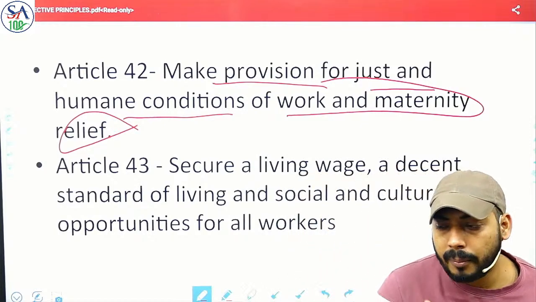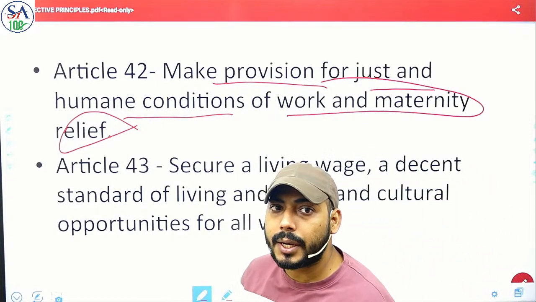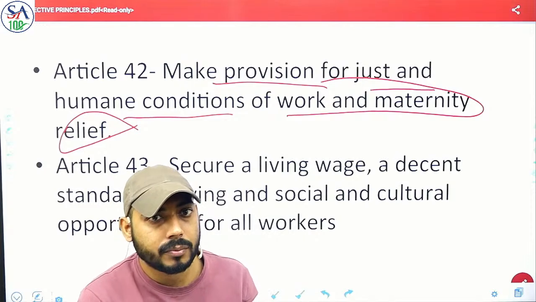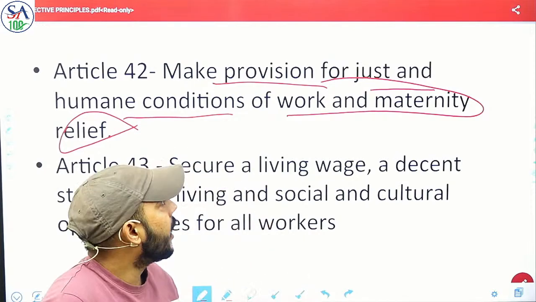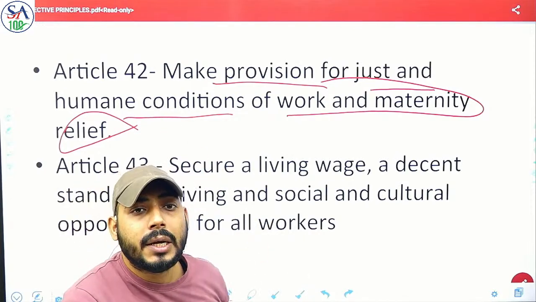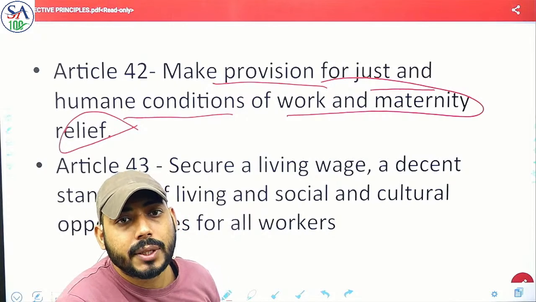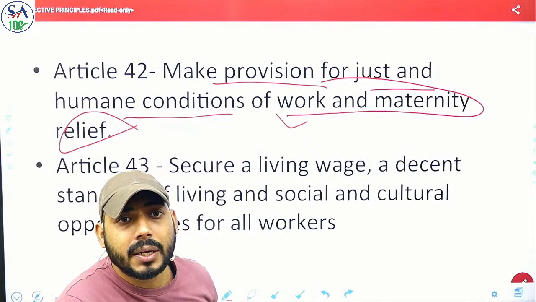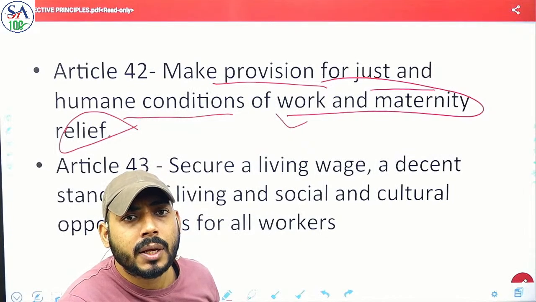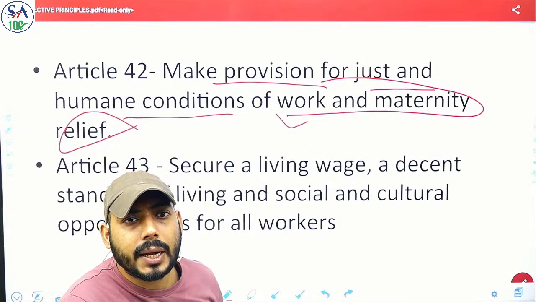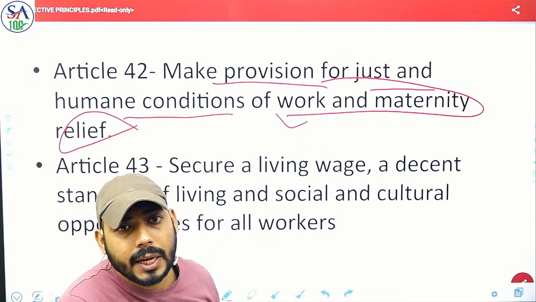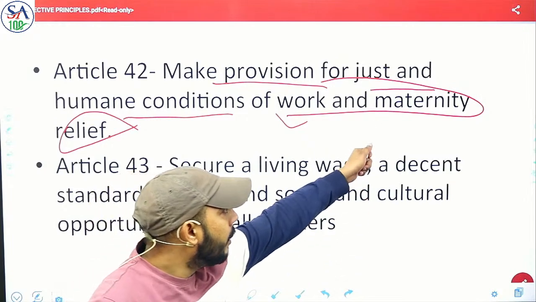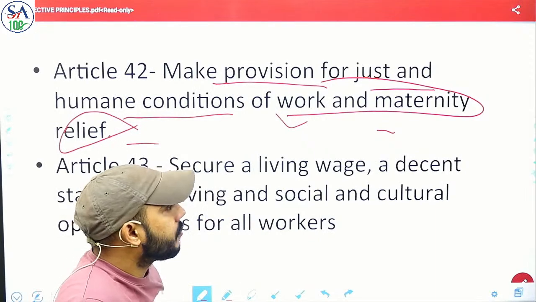It means they were not treated like humans. So Article 42 directs the government to ensure that workers work in just and humane conditions, that they should not be treated like animals or worse than animals. Second is maternity relief.